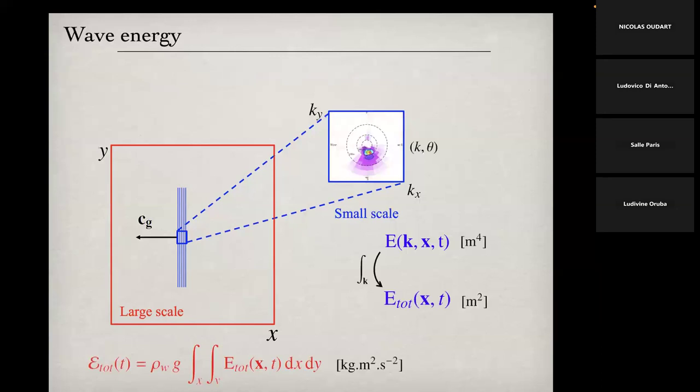That means that at a given location in the sea and at a given time, we have a spectrum, which is called the wave height spectrum. If you average over the spectrum, you get the total local energy. And if you average over the domain, at the end you get the total energy of the waves.